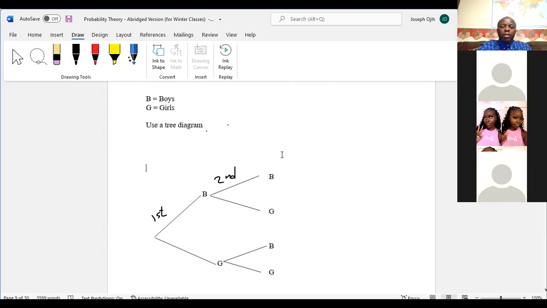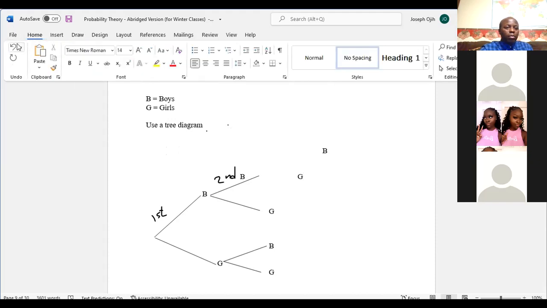The third child can be either a boy or a girl. Boy, girl. Then you can have a girl.